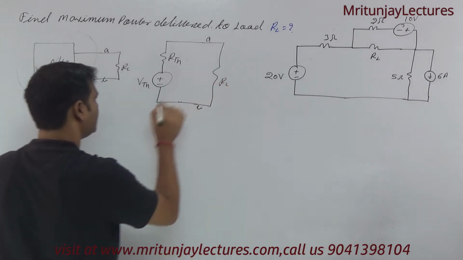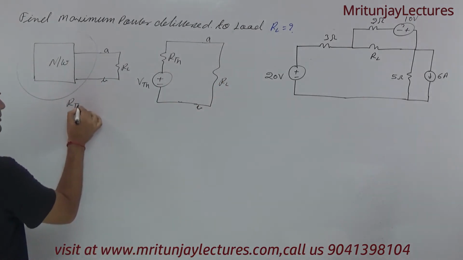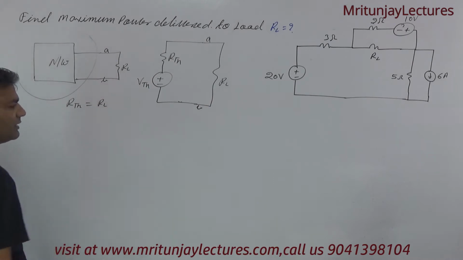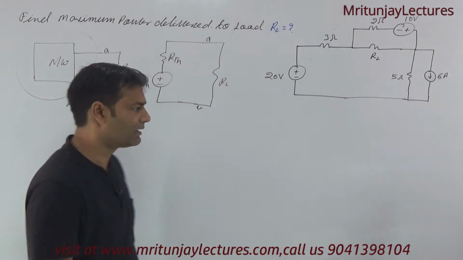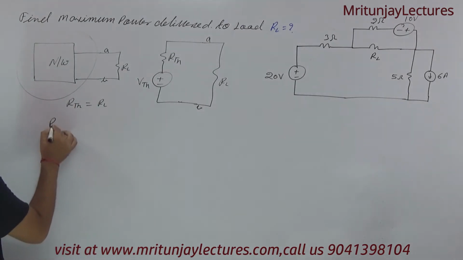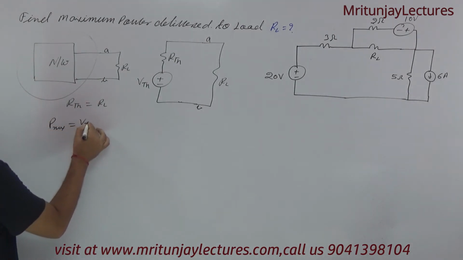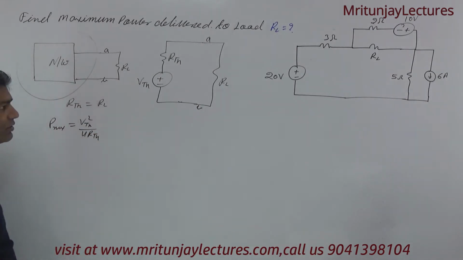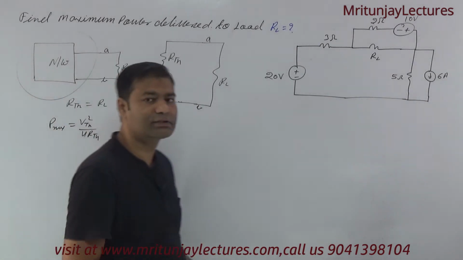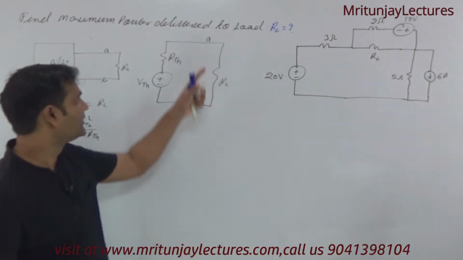Then I know that for maximum power RL is equal to RTH, so we have determined RL. After that, P max will be equal to VTH square divided by 4 times RTH. Clear?